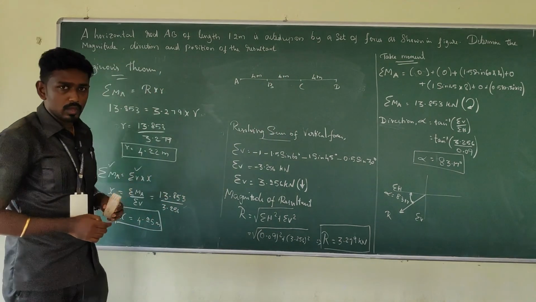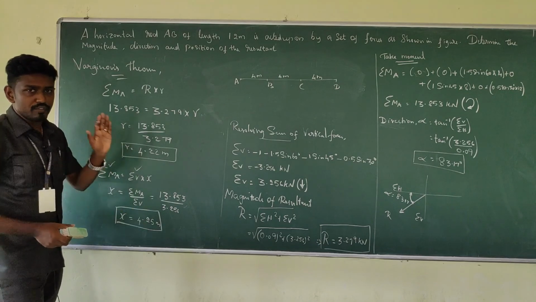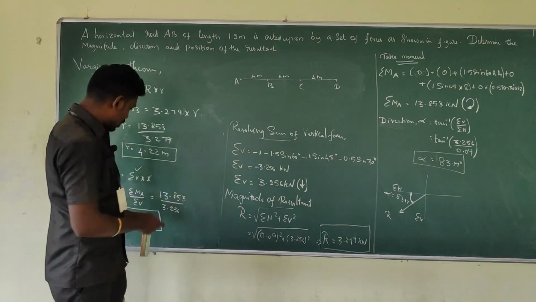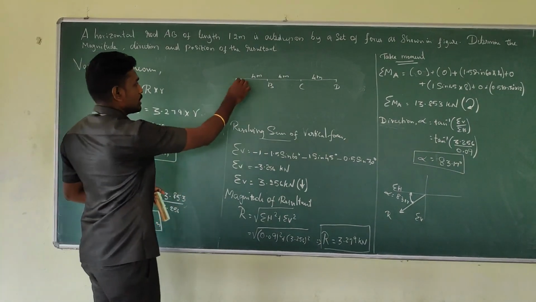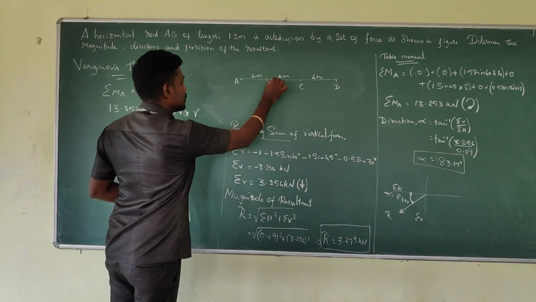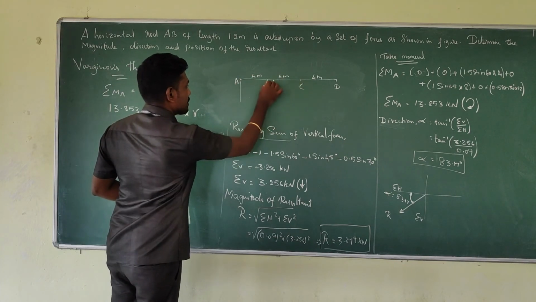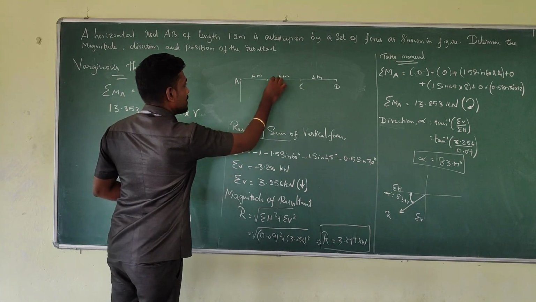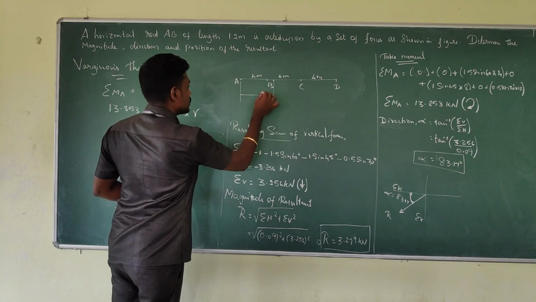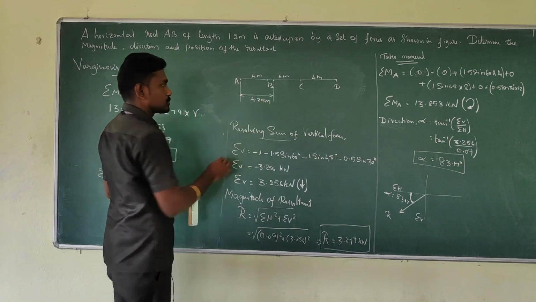So here it is 4.25 meter. When we are locating 4.25, since this distance is 4 and we have taken the moment from A, the measurement is from A. So somewhere between B and C, nearby B, I am going to have the point for the resultant. This is the distance of 4.25 meter.